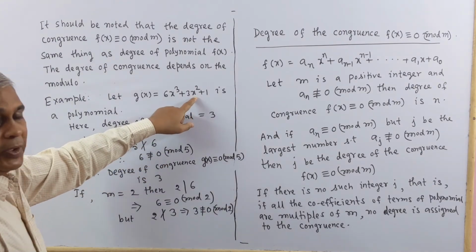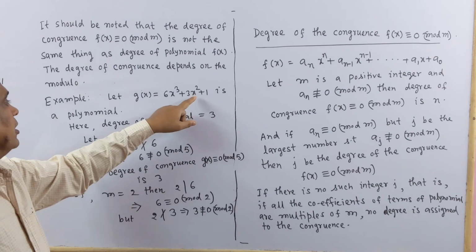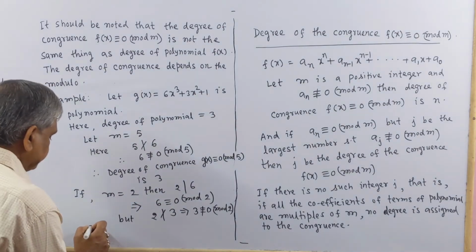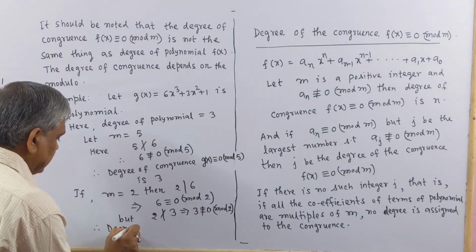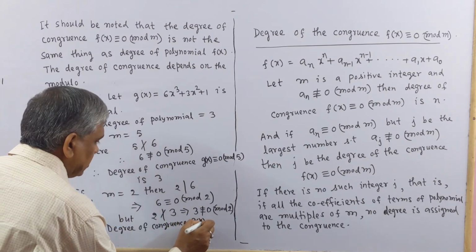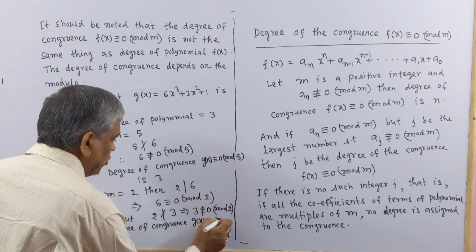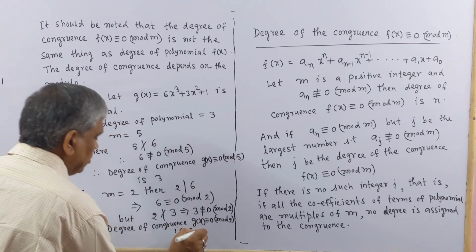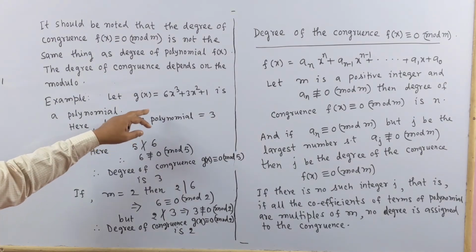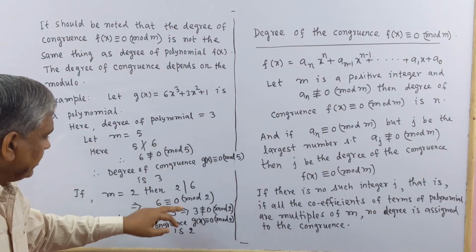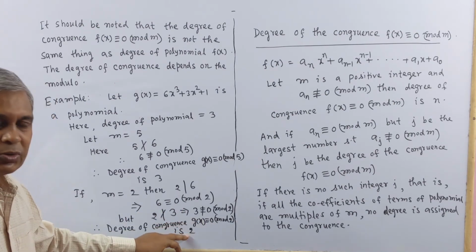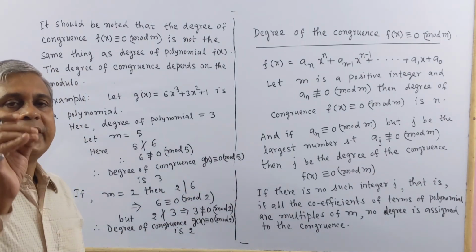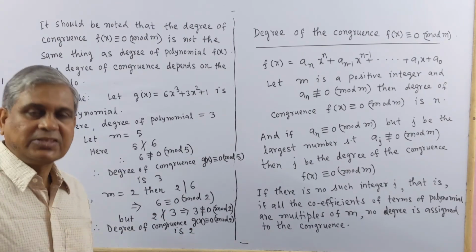Therefore the degree of the congruence is 2, since the power of x is 2. Therefore the degree of the congruence g(x) ≡ 0 (mod 2) is 2. Since the degree of the polynomial is 3 and the degree of this congruence is 2, the degree of the polynomial is not equal to the degree of the congruence in this case.